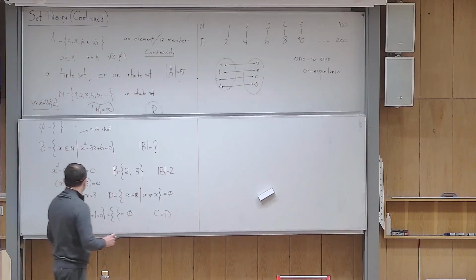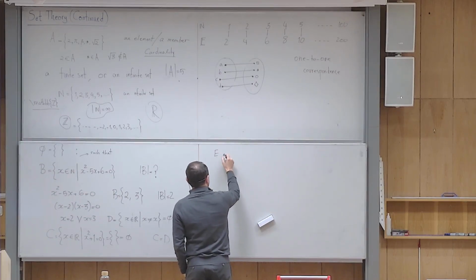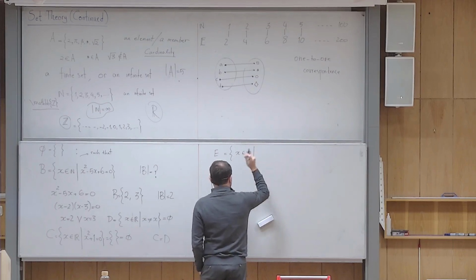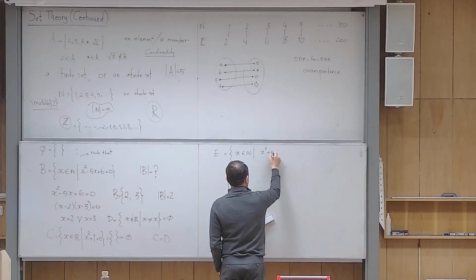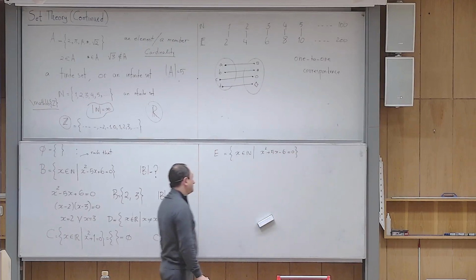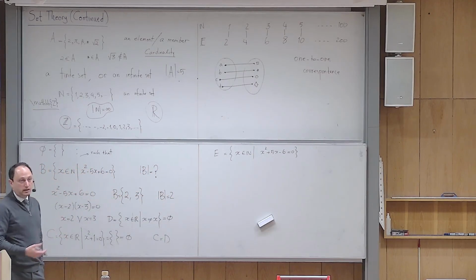So we can write a set like this. What is the cardinality of this set? Or what are the elements of this set?